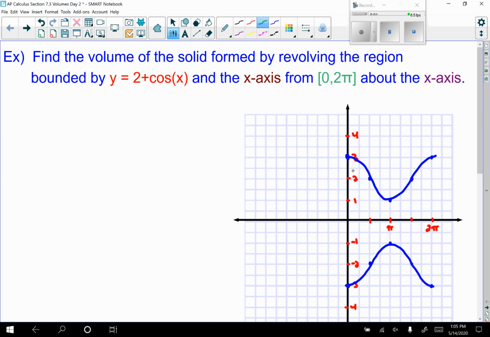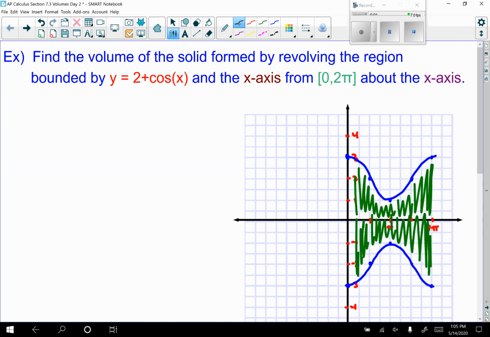So as soon as we start to shade this region here, again from 0 to 2 pi, this is what we're going to be reflecting. So then it captures the shaded region on the other side, and then this is where we go to draw our circular slices, just enough throughout to get a good idea of what this solid is going to look like.